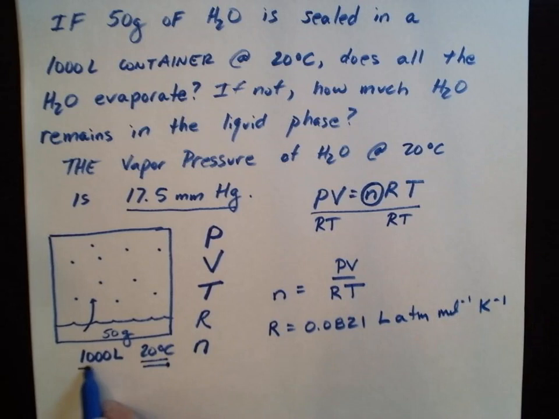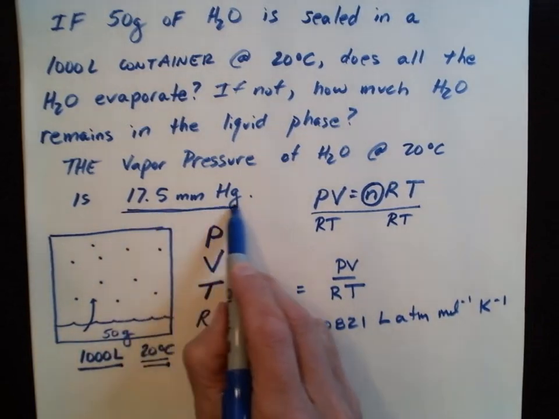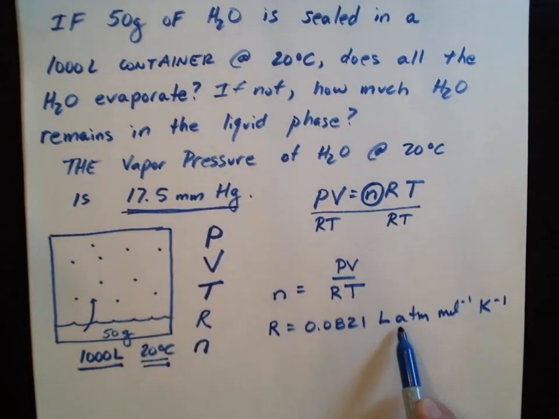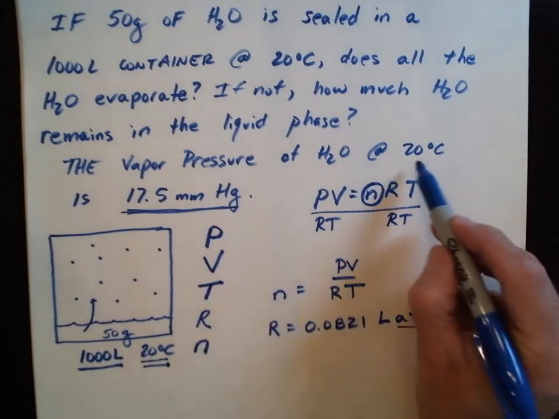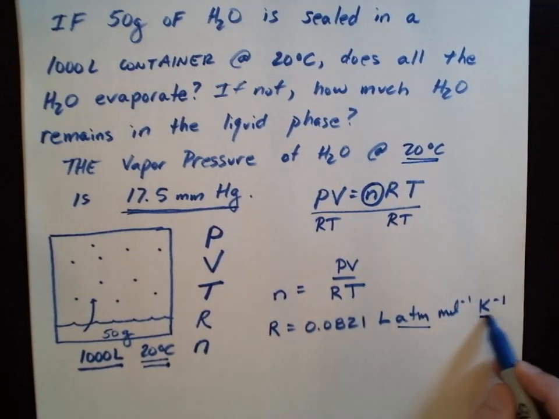It looks like I've got my container size in liters, and that's a good thing. I don't have my pressure in atmospheres, so let's do that conversion. And we also notice that we don't have our temperature in kelvins, so we're also going to do that conversion.